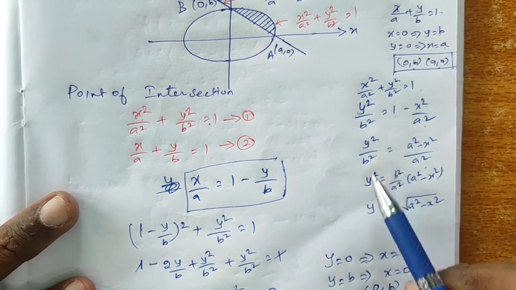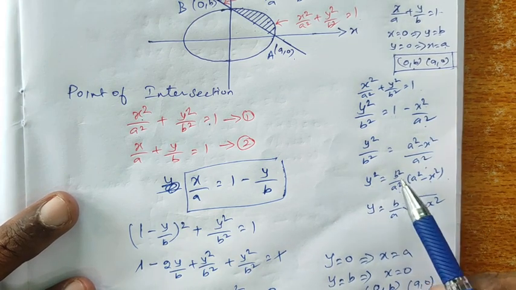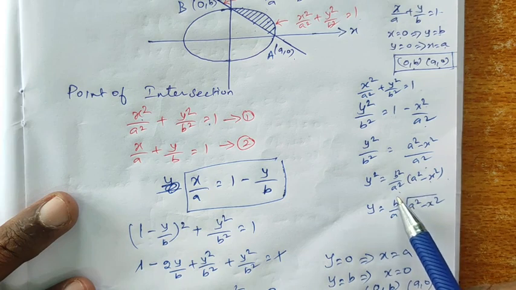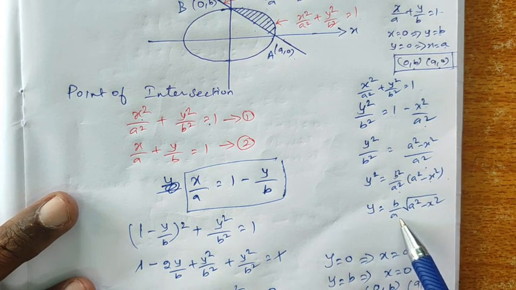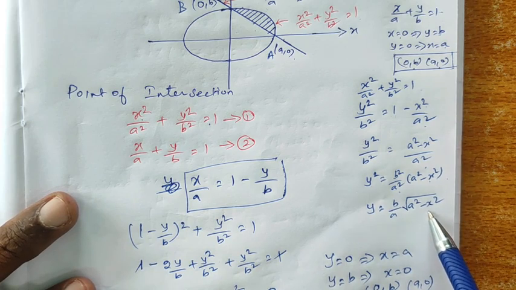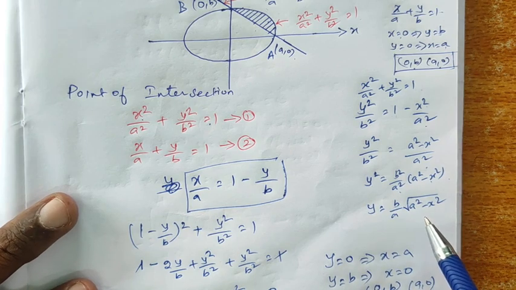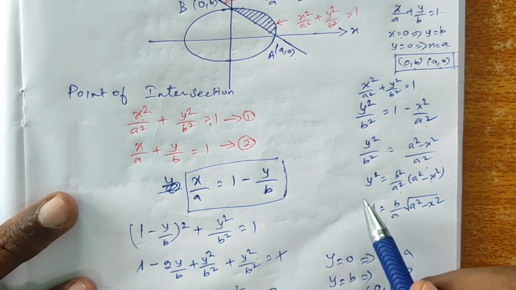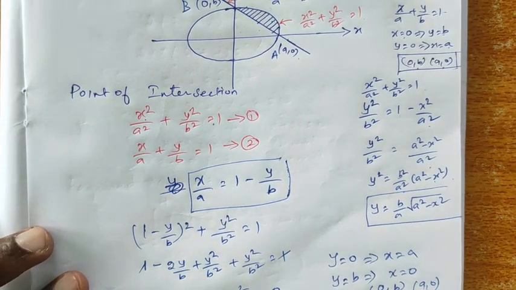So y square is equal to b square by a square into a square minus x square. Y is equal to plus or minus root of b square by a square into a square minus x square. So plus or minus b by a into root of a square minus x square. Minus is invalid. So y is equal to plus b by a into root of a square minus x square.